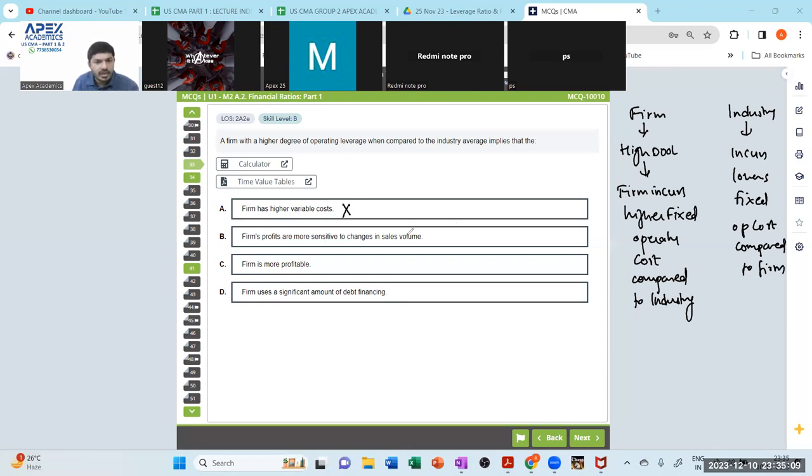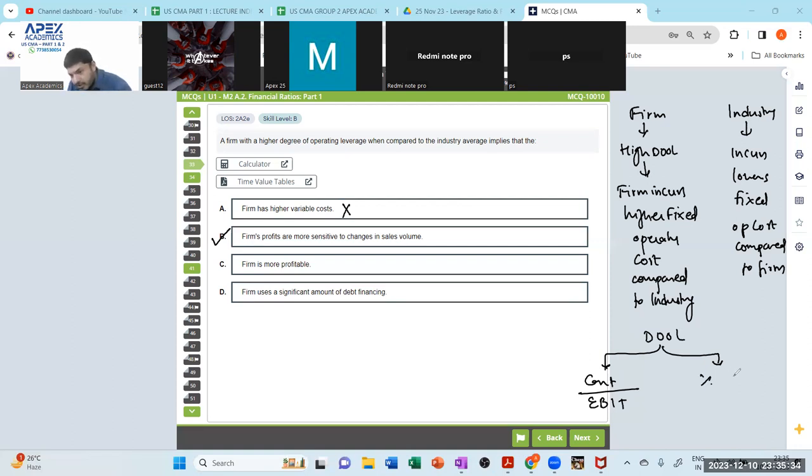Firm has higher variable cost? No. Firm's profits are more sensitive to changes. Yes. Why? Do you remember that DOL has two formulae? First is contribution upon EBIT. What is the second formula of DOL?